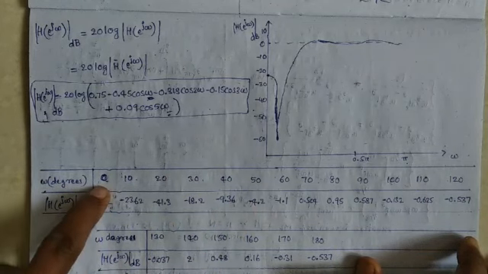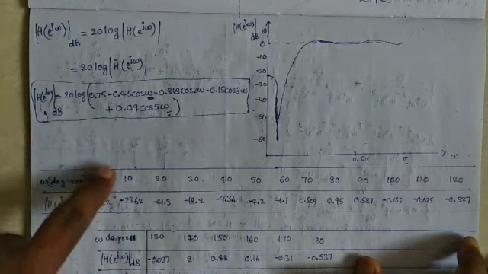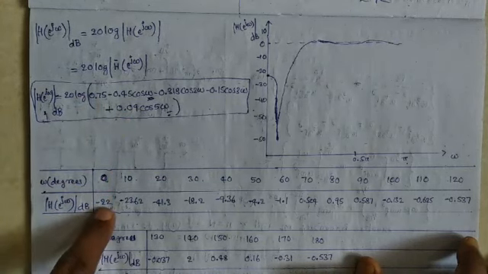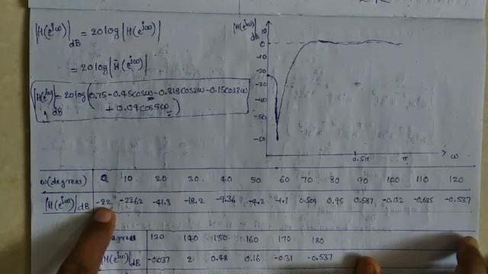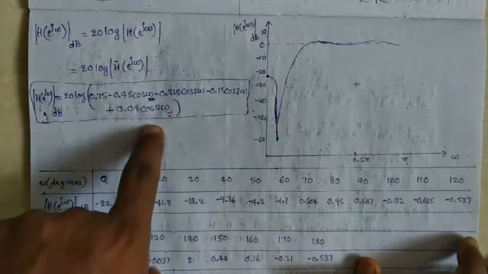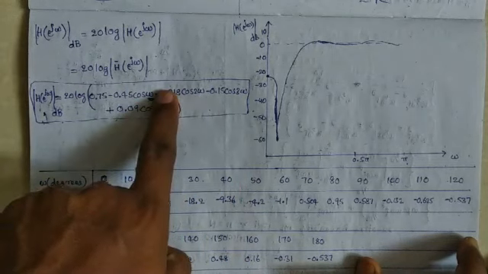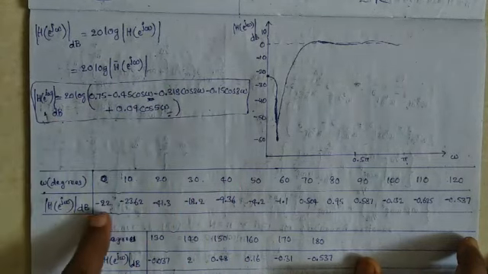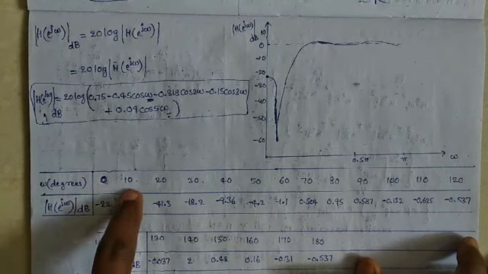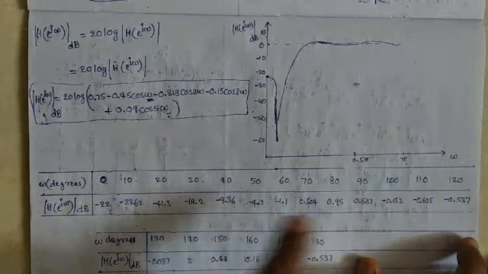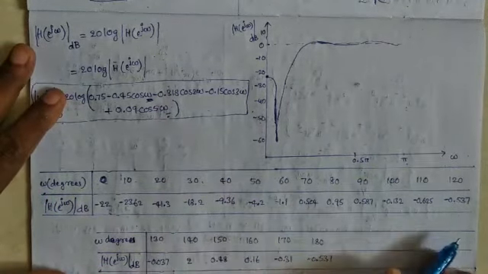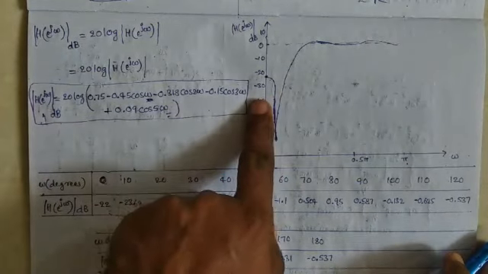For omega equal to 0, we substitute omega equal to 0 in this equation. Simplifying, the decibel magnitude becomes minus 22 decibels. Similarly, for the remaining values we calculate the decibel magnitude, and from this table we draw the magnitude plot.